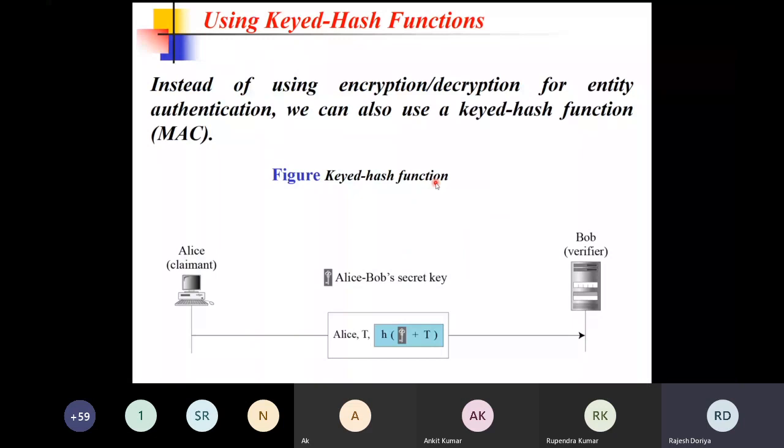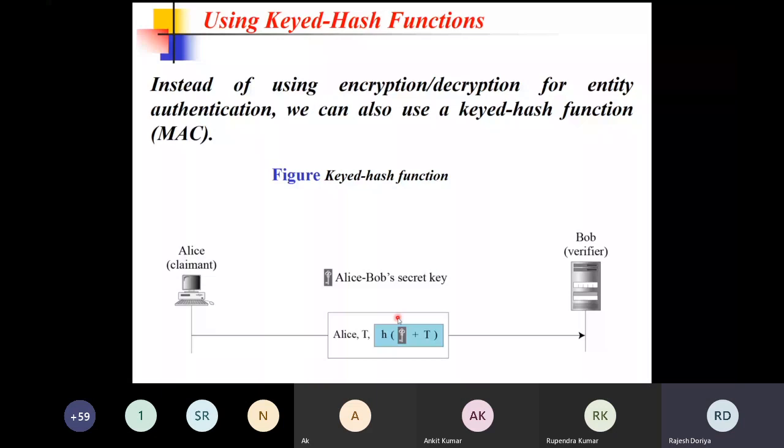Now we can also use the concept of keyed hash functions in order to prove the identity of the parties. Again, the concept of hashing is being used. You can say the MAC is being used along with a timestamp.